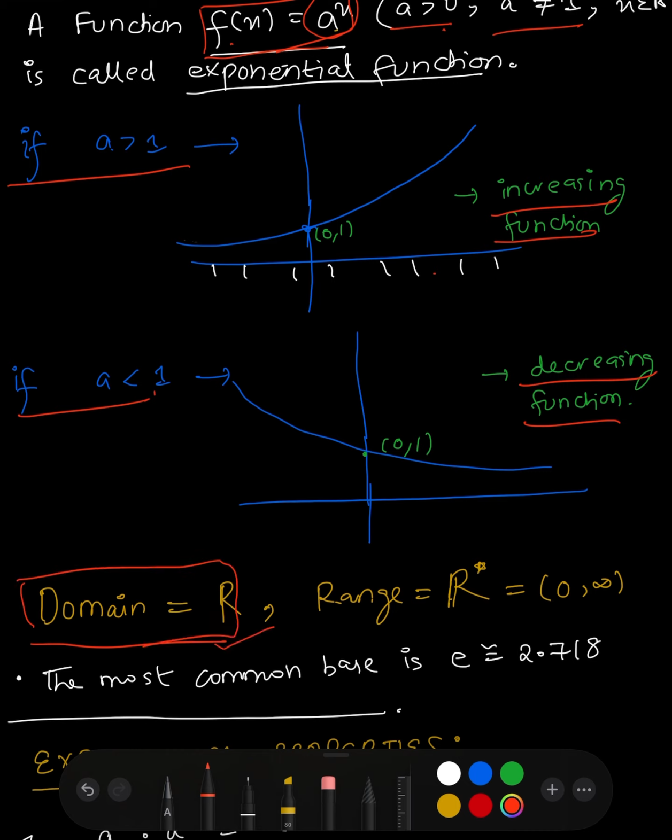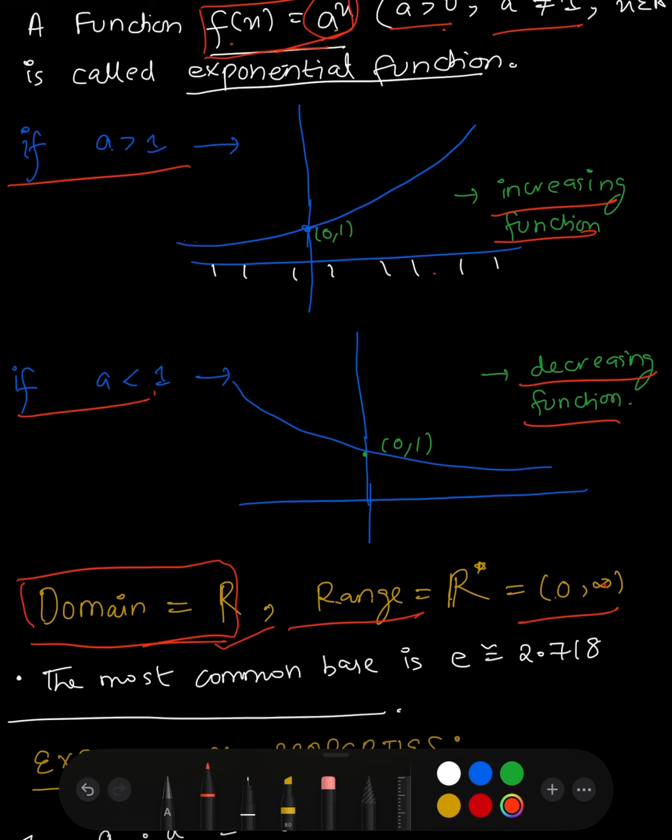Now we'll see what the range is. The range of a function is all the possible output values the function gives us. Whatever value of x we keep, the function will always be a positive number, because we know a is greater than 0. So the range of this function is 0 to infinity.